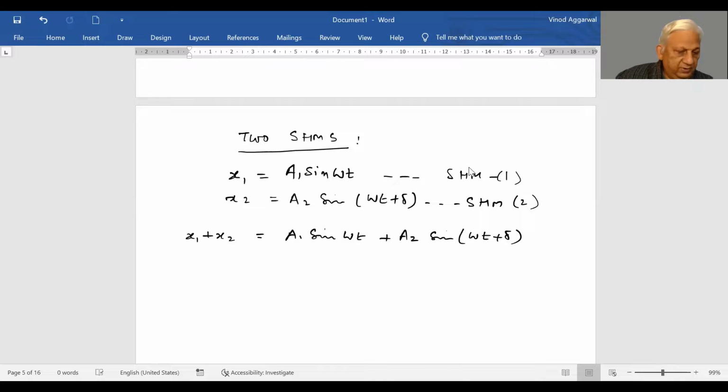Now if we open up these functions, what we get is sin omega t plus cos omega t plus sin delta.